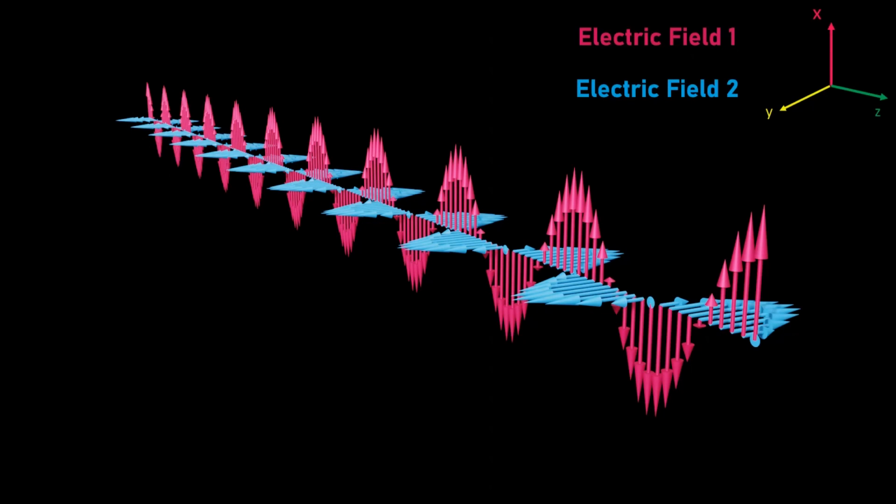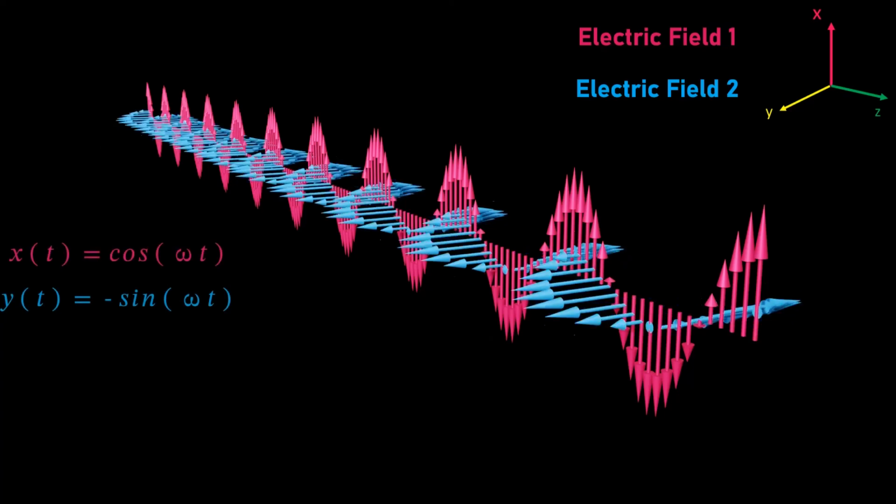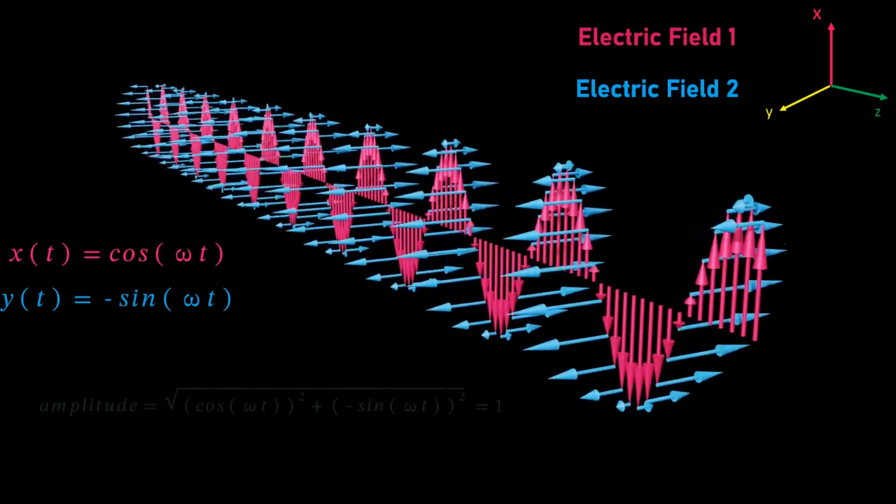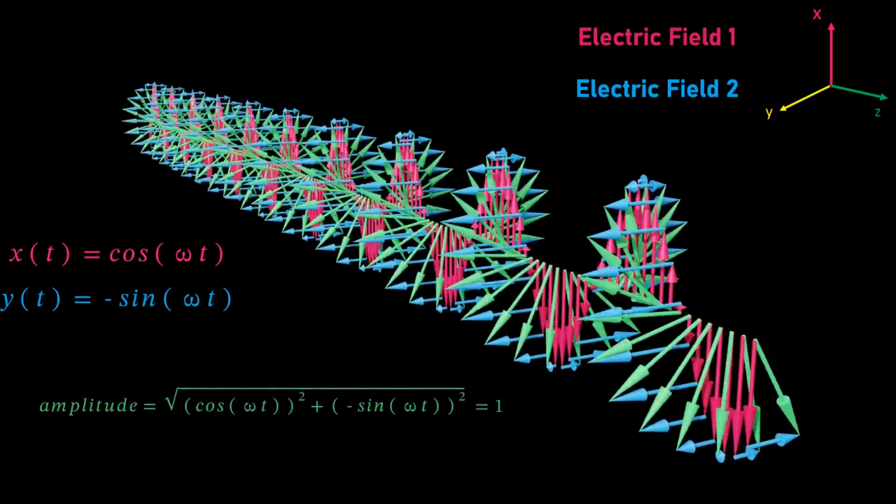Now, let us shift the horizontal wave by positive 90 degrees. So, in the origin the x component of the time-varying electric field remains cosine omega t, and the y component turns into negative sine omega t. The resultant amplitude equals 1.